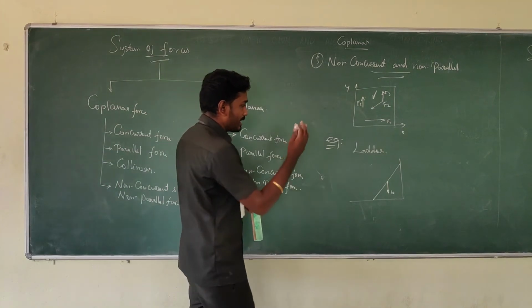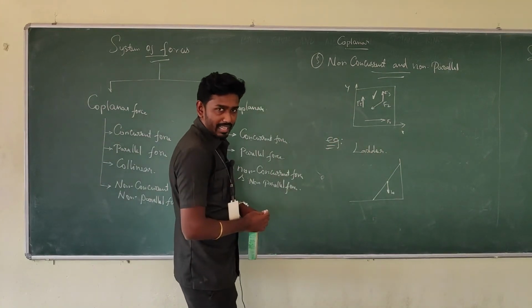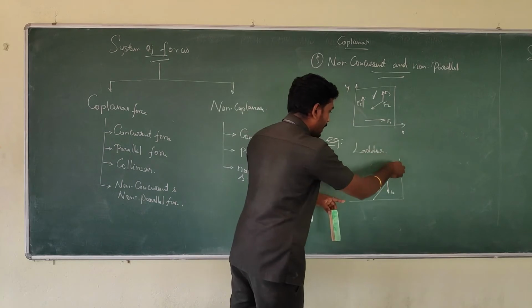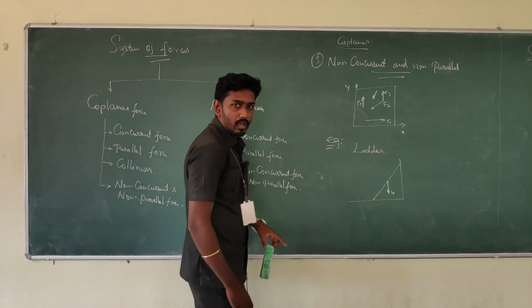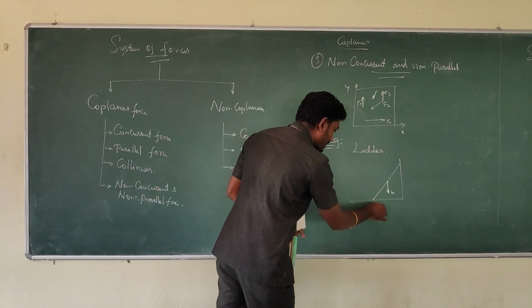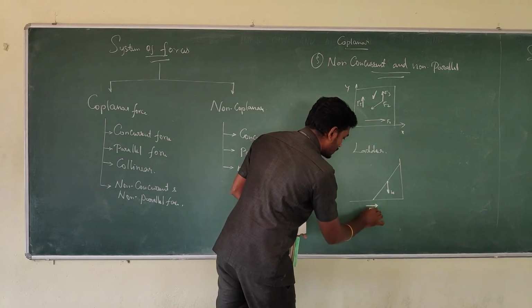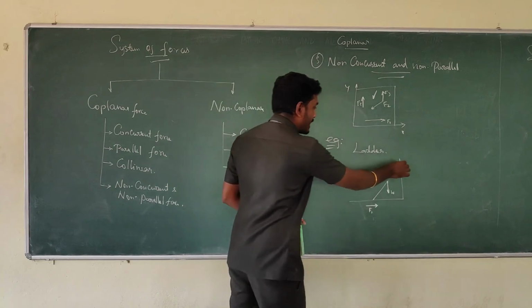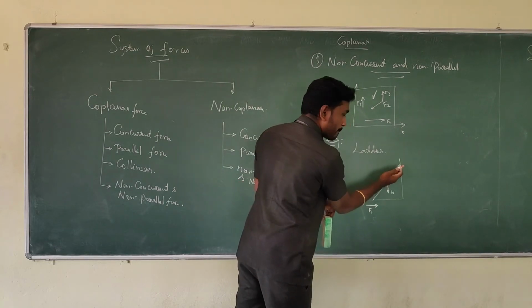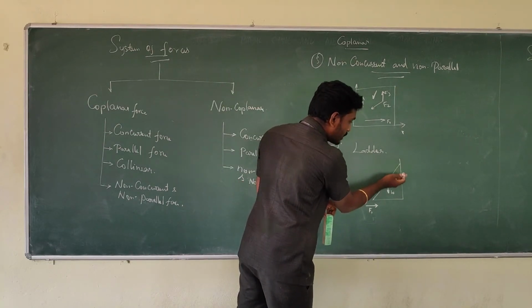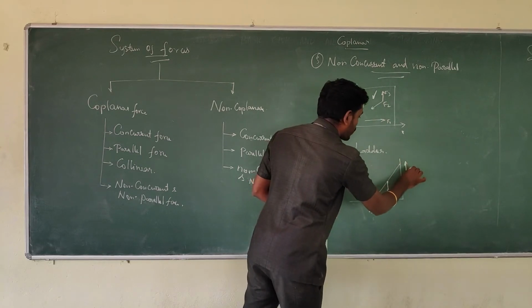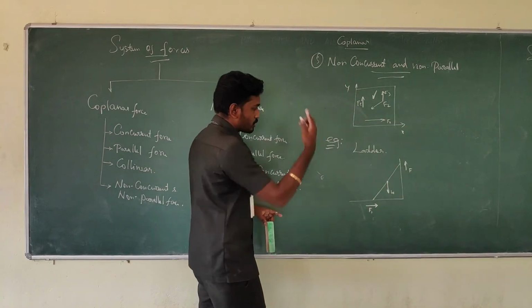Since it is kept like this, the ladder tries to move, so on the ground the friction force will be acting something like this. And here, when it is sliding, the movement of the ladder will be downwards, so here as well a friction force will be acting, moving up.